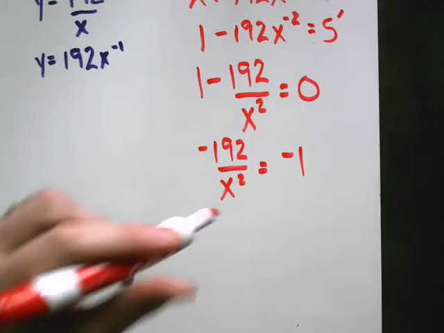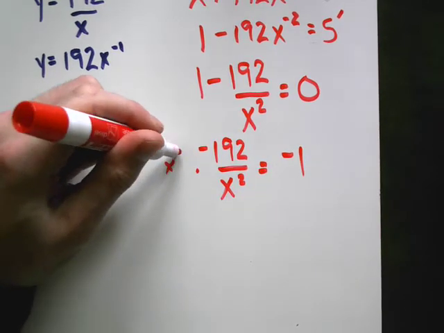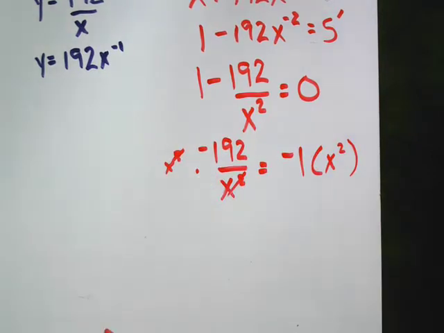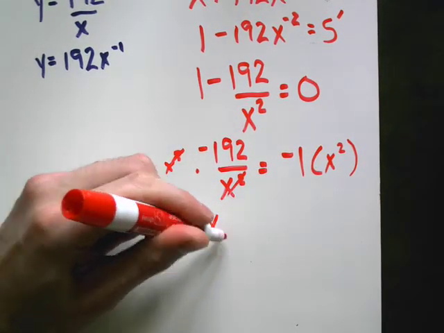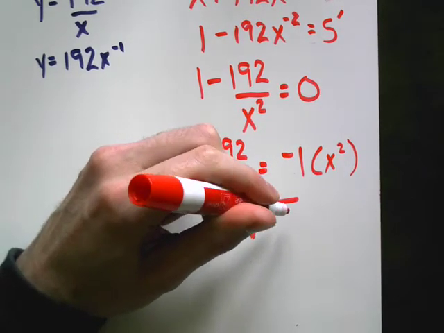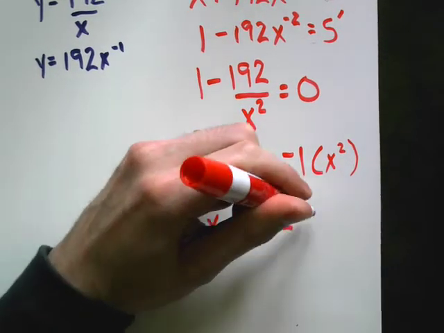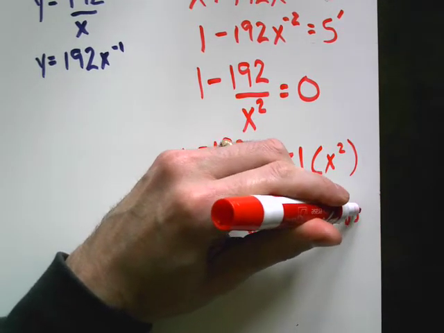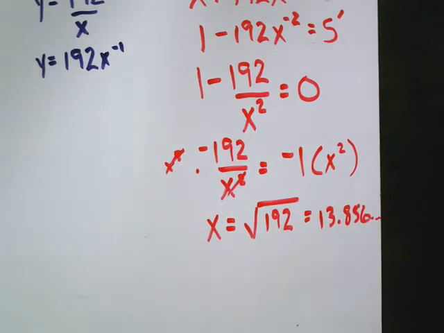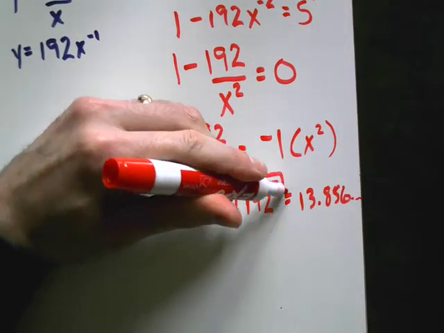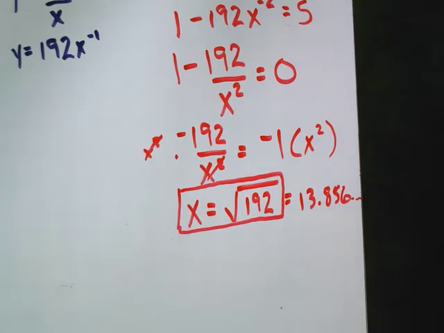Okay, so when I solve for x, if I multiply by x squared on both sides, by the time you end up solving for x, x comes out to the square root of 192, which when you do that in your calculator, it comes out to like 13.856 dot dot dot. So let's just leave it as the square root of 192, okay? So this is our optimal x value, okay? That's our optimal x value.